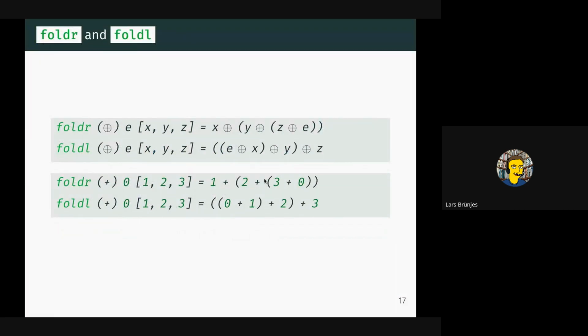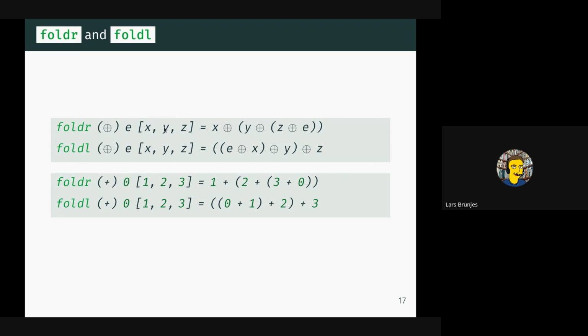If we look at this example, in order to do this, it has to figure out the Z. So before Haskell can do the first addition, the Z plus E, it has to get to the Z. So in our example of 1 to 10 million, the first number it adds is the last one, the 10 million.